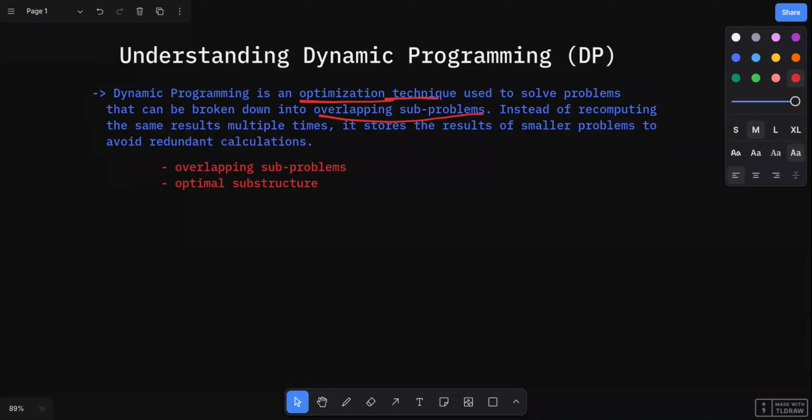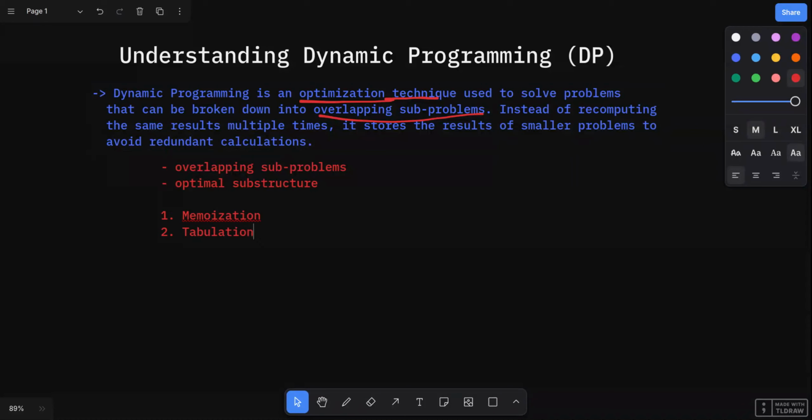The next thing we're going to look at is the two approaches that we use in DP. Those approaches are memoization and the second one is tabulation.